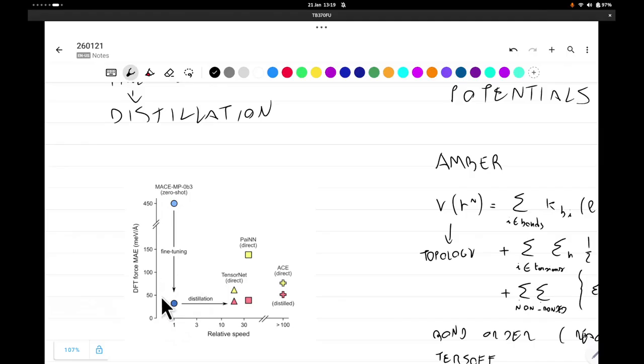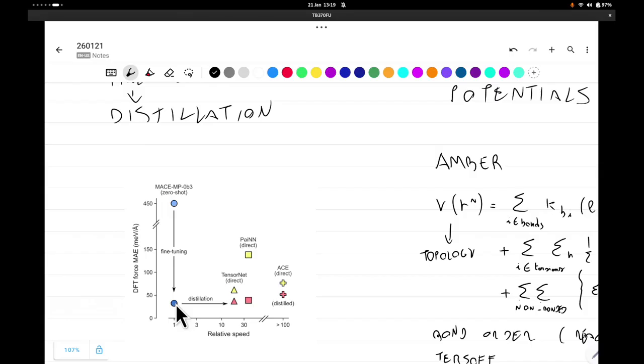So I have a huge improvement on accuracy, from 45-50 meV per angstrom in the forces to less than 50. That is okay. But we have the same complexity. So the relative speed is 1. So we have just a more accurate model, plus the fact that I had to fine-tune it, so I spent some time.